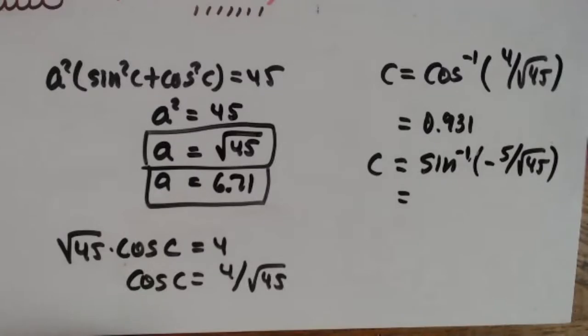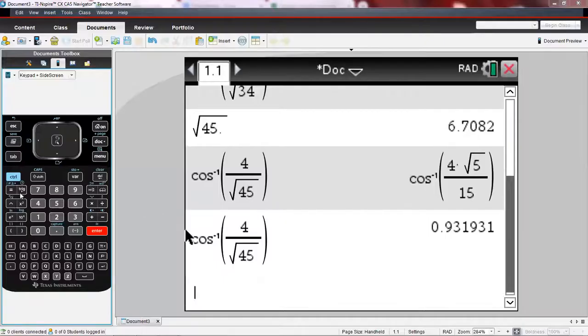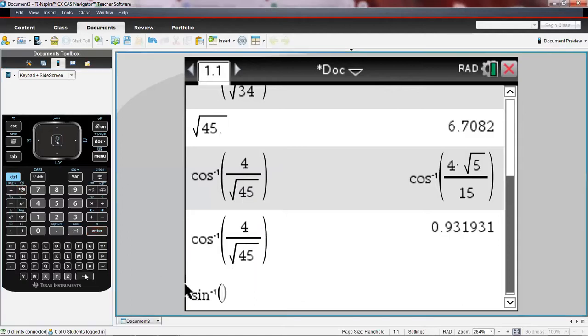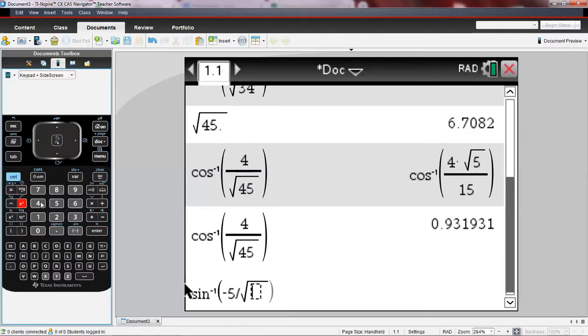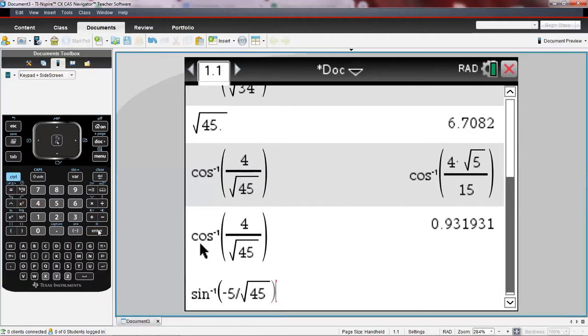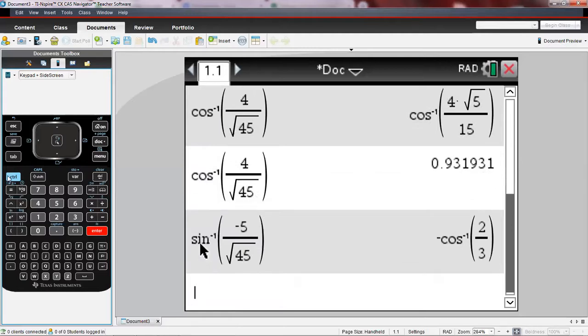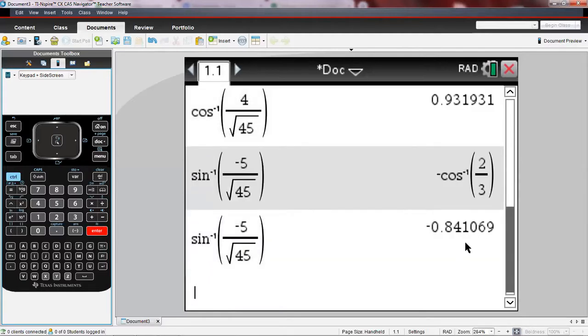So control, this one, the calculator. I'm going to use trig sine -1. So it's going to be -5 divided by the square root of 41. And I press enter. Okay, control enter. And you're going to see a different value. So it's going to be -0.841.